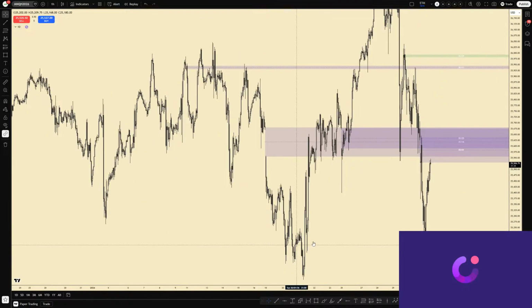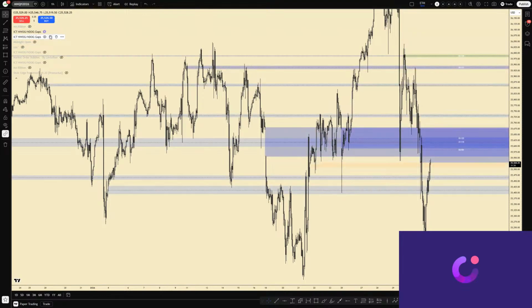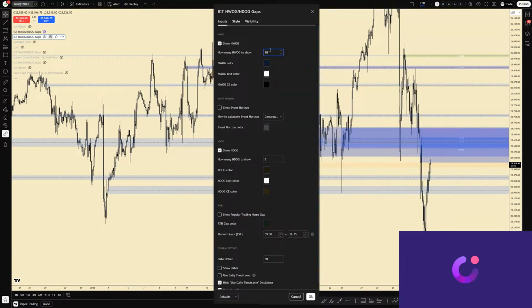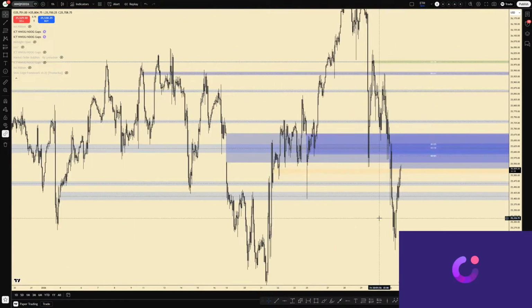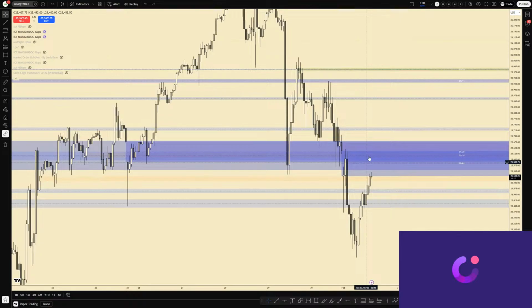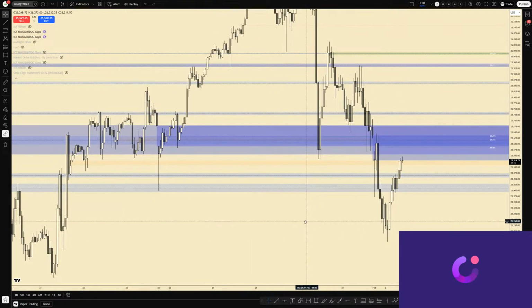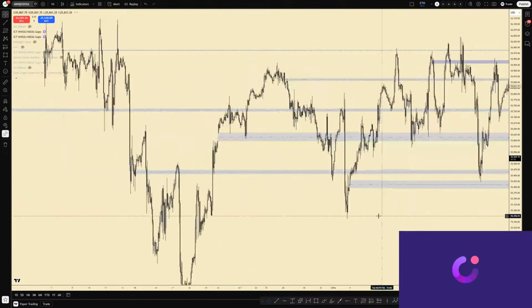Normally I use the last 4 weeks only, but sometimes I get curious and I try to see with another indicator if there are any close to price, and I try to see if price is respecting them.